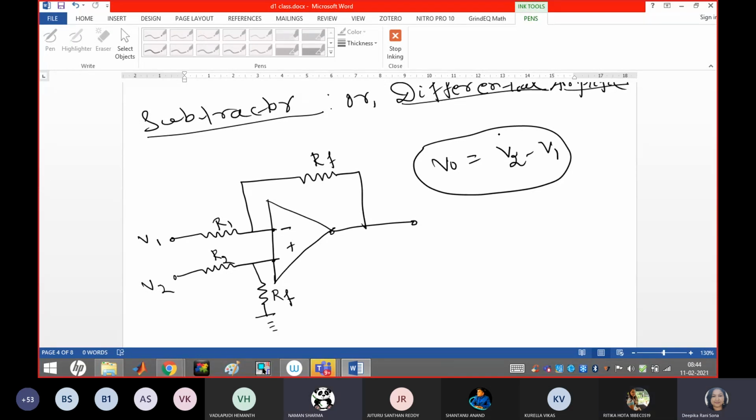V2. Both can be positive, ma'am. No, but always we have to subtract the input we are going to apply. V1 and V2 can be positive, but because V2 is connected with the non-inverting terminal of the op amp, it should be in positive sign, and that's why V1 should be negative.